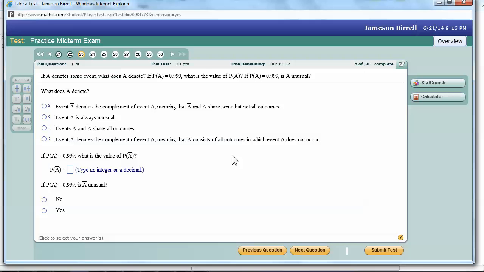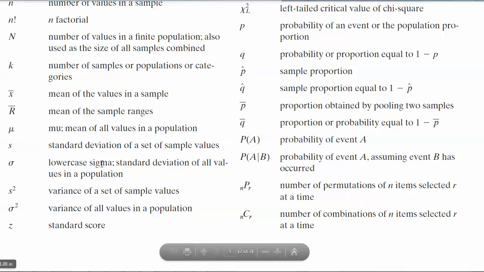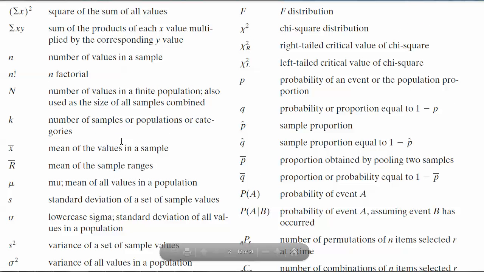All right, we're finally hitting chapter 4 here with number 23. If A denotes some event, what does A bar denote? Now this is capital A. Well, actually, good time to go to your symbols page and see if you can remember what some of these things are. P of A is the probability of event A. So that kind of reminds us where we were using the event notation.